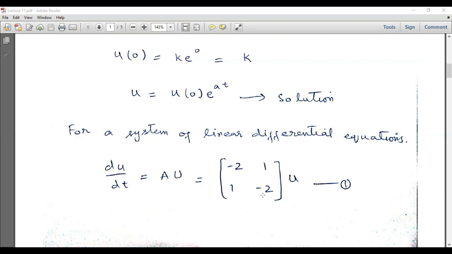So these two differential equations can be written in the matrix form, and the column vector of du1 over dt and du2 over dt is written as du by dt. Here we had u1 and u2, which are represented by this u column vector, and here we will have the A matrix.